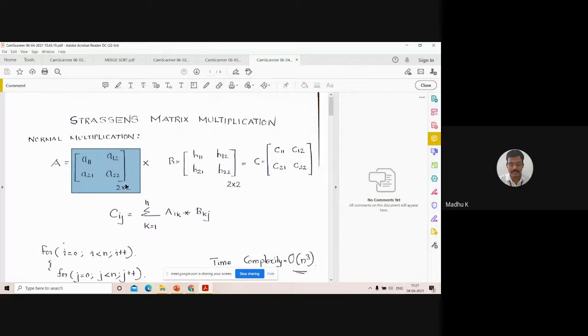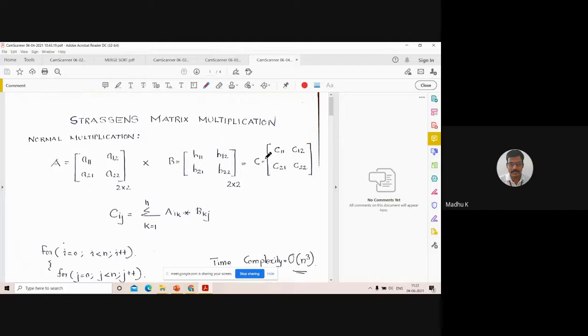Similarly, another square matrix B is given; its order is also 2 by 2. Now we can perform matrix multiplication, and we will get a matrix C. Its order is also 2 by 2.